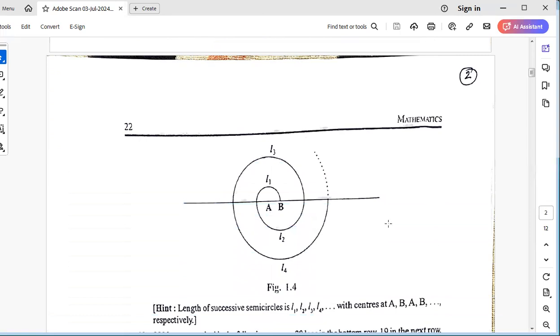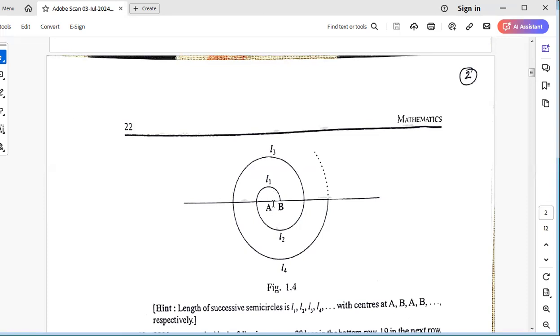So semicircles are there here. For this first semicircle, this much is the length L1. For that, the center is A. For semicircle 2, the length is L2 and the center is B. For semicircle 3, L3 is the length and A is its center.